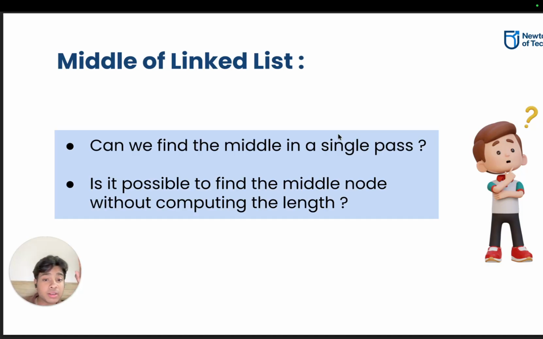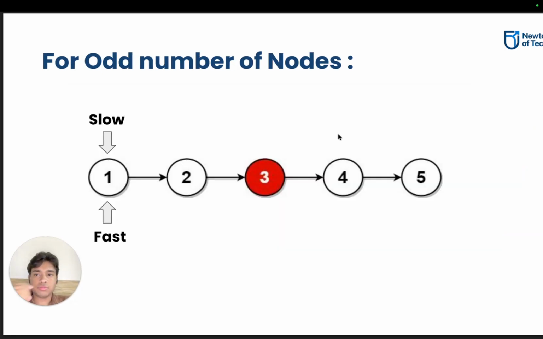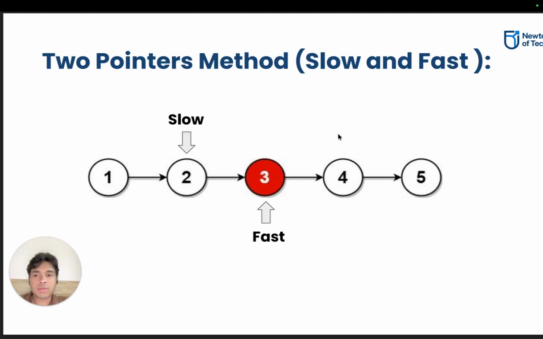Let's see what the answer is. Two pointers. For an odd number like 1 2 3 4 5, 5 is an odd count. We will go through an example.